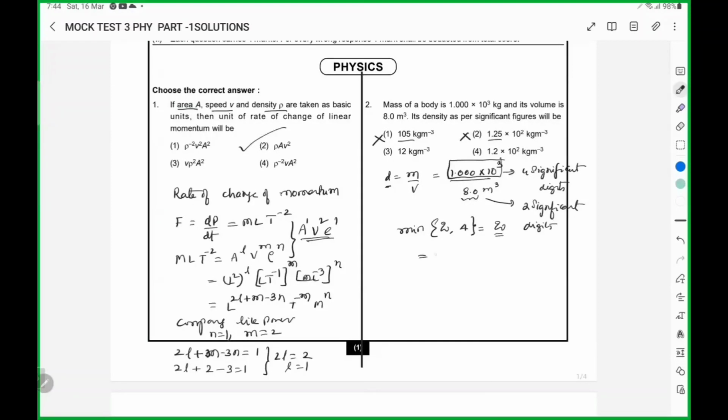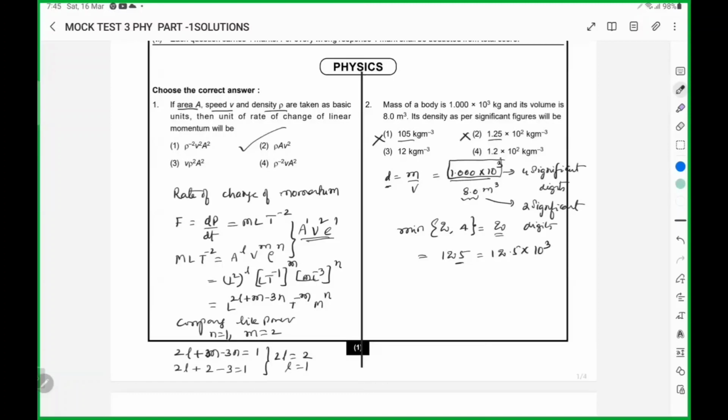So here it is 10 cube by 8, which will be 125, but it has 3 significant digits. So now, if the drop digit is 5, I can write it as 12.5 into 10 cube. Still it has 3 significant digits.